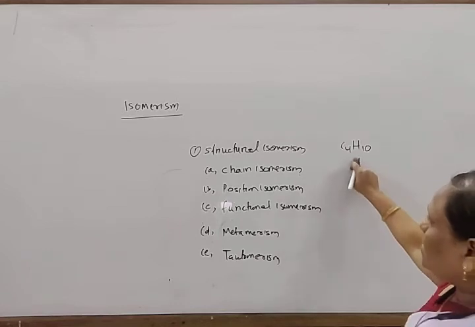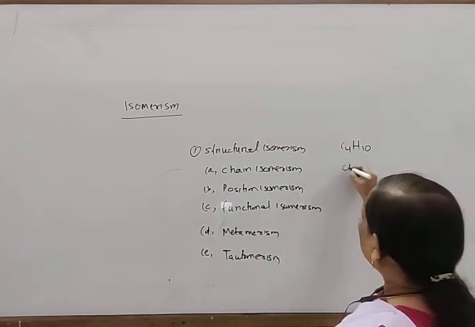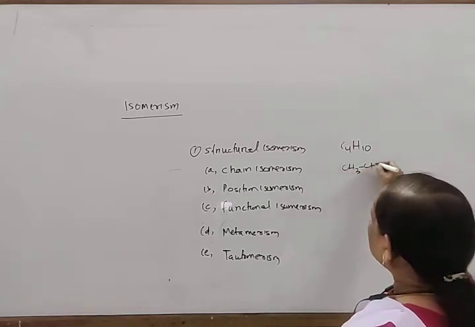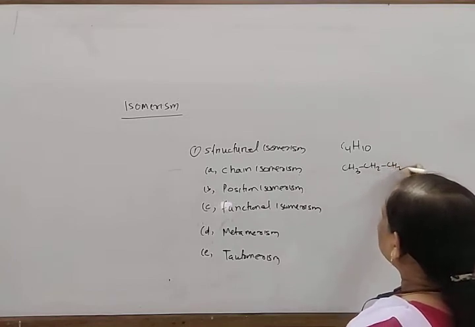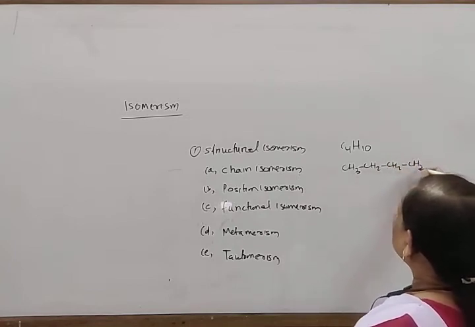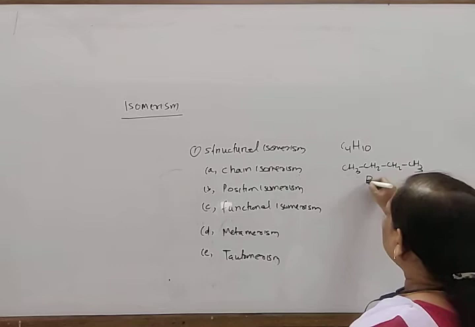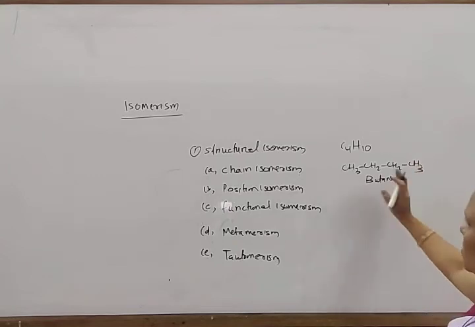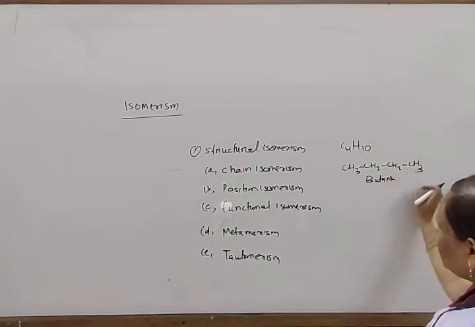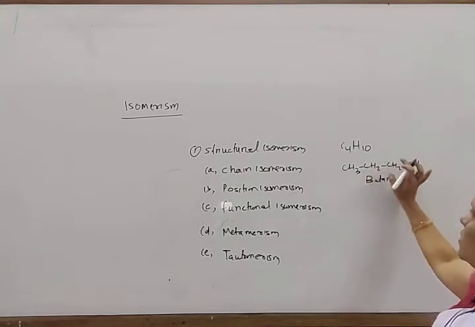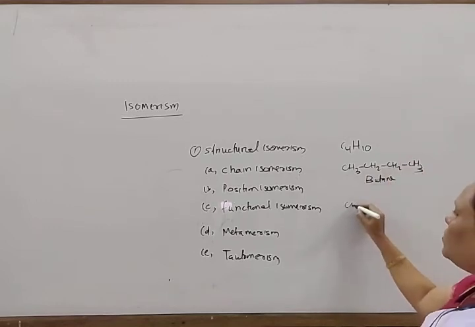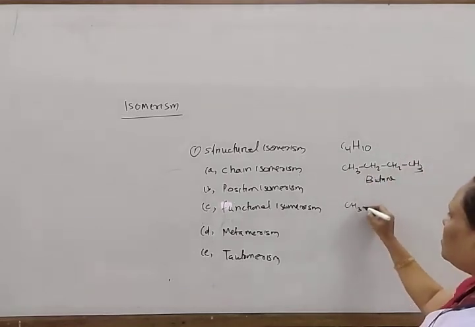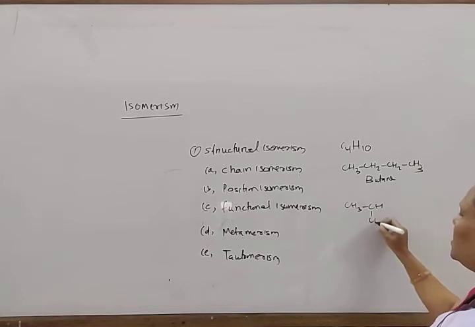So butane can represent two compounds. Look here, CH3, CH2, CH2, CH3. This is n-butane, or simply you can say this is butane. But if one alkyl group is joined here and one hydrogen is joined here, then another compound using this formula can be represented as CH3, CH, CH3, CH3.